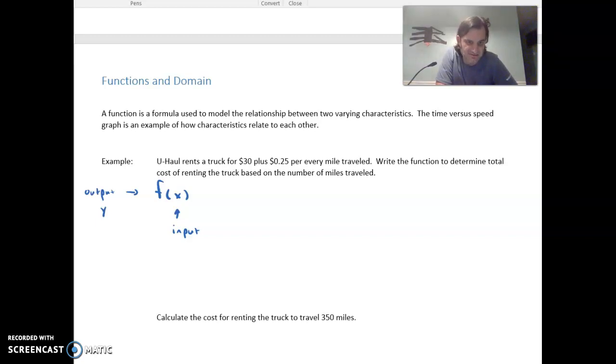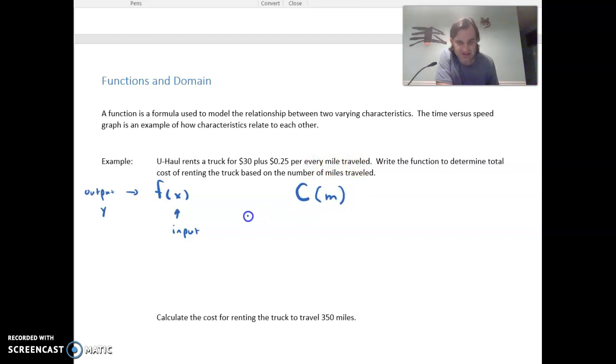So f here is the function name, but since this is talking about cost, I'm going to call my function c for cost. And since the characteristic that differs from time to time is the mileage, I'm going to call it c of m.